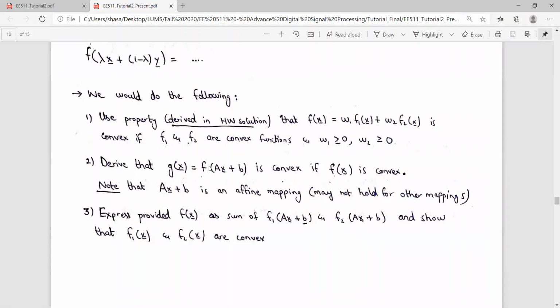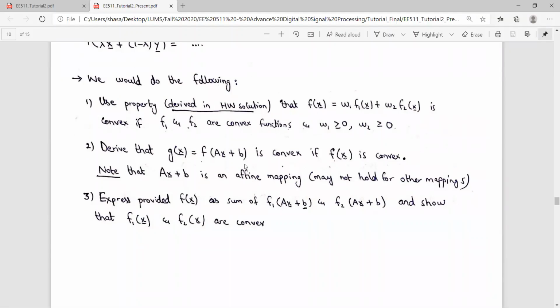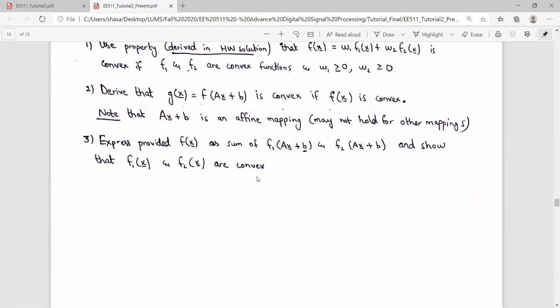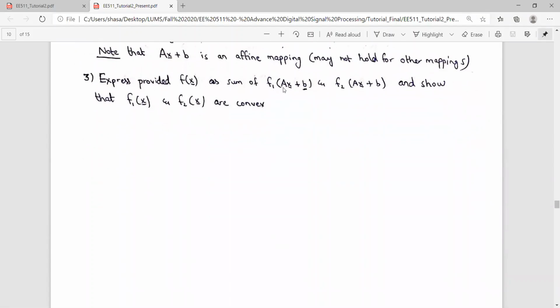So if they lie initially on the same line, after the transformation they would lie on the same line. But if you're not very familiar with it, you can take it really to be a linear transformation. And the last thing is that we show that F1 and F2 are convex.